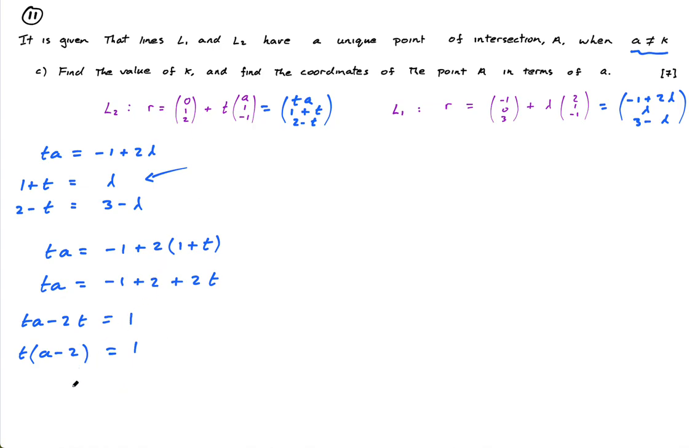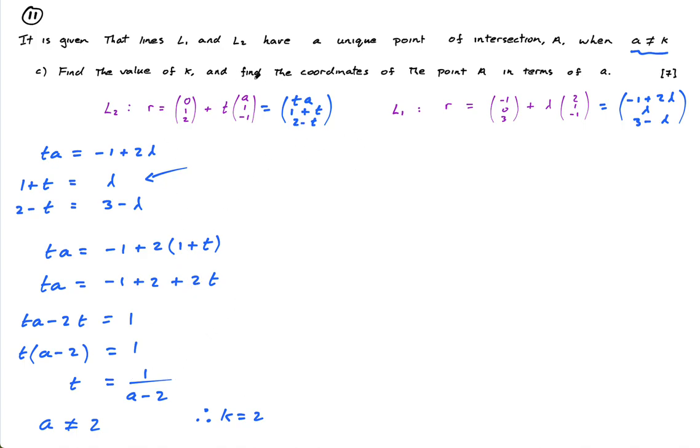Another way to think of it is t is equal to 1 over a minus 2, and we know we can't divide by 0, so a cannot equal 2. So I'm going to write that down. a cannot equal 2. Therefore k equals 2. So that's the first part: find k. It's the value that a cannot be, and because of this, it's 2.